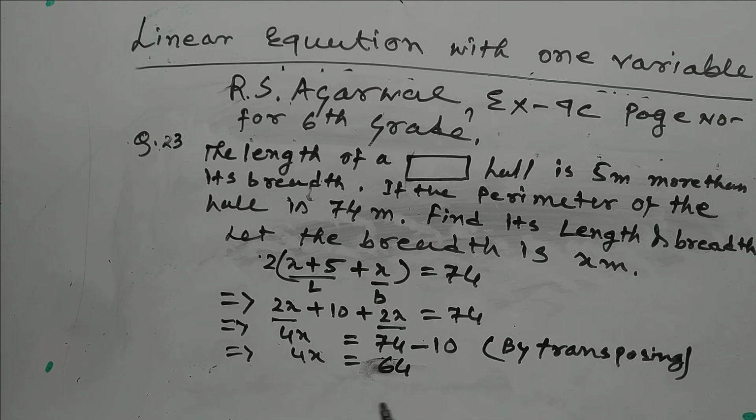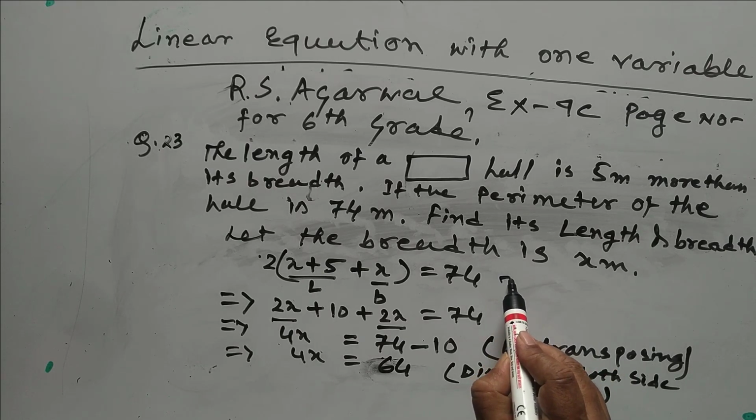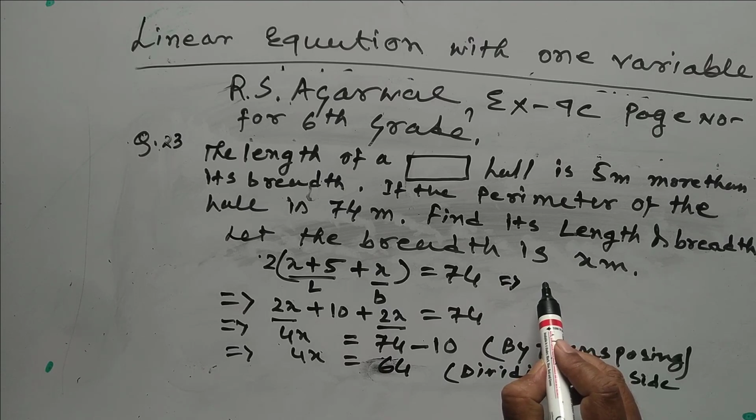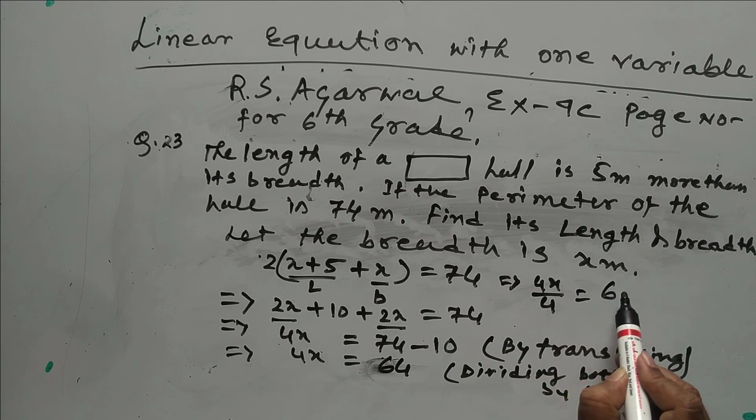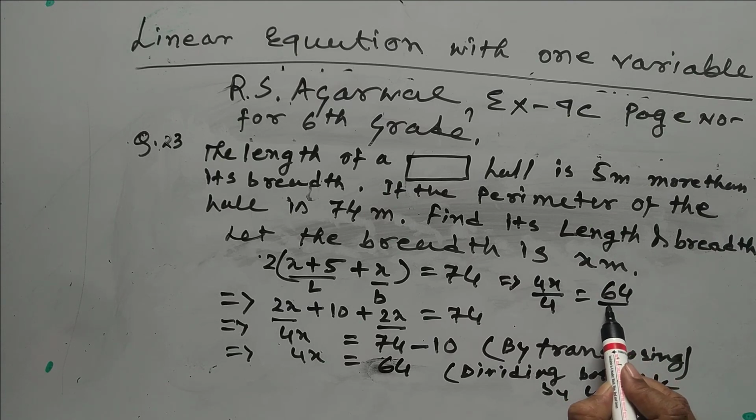To remove 4, I have to divide both sides by 4. So 4x by 4 equals 64 by 4.